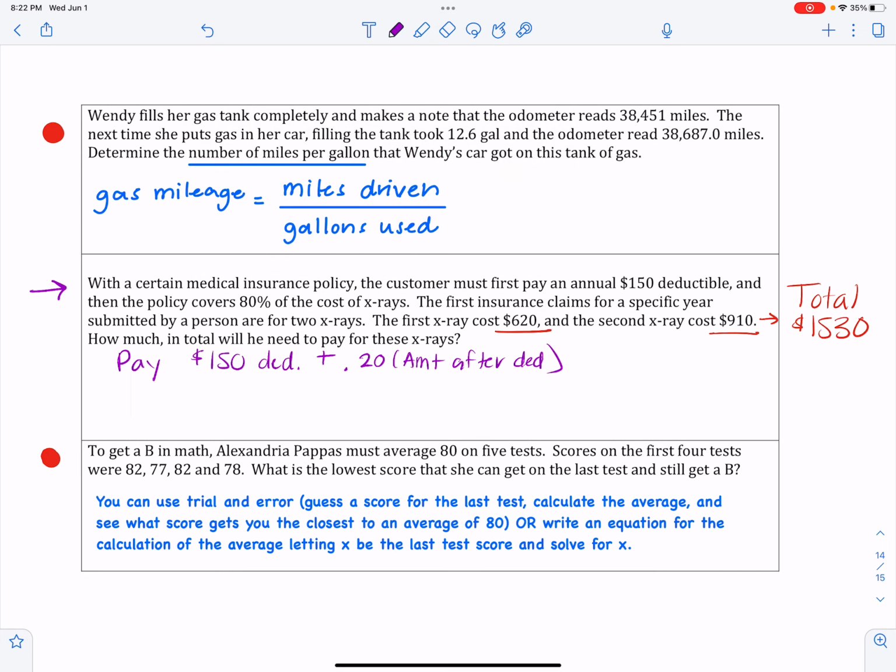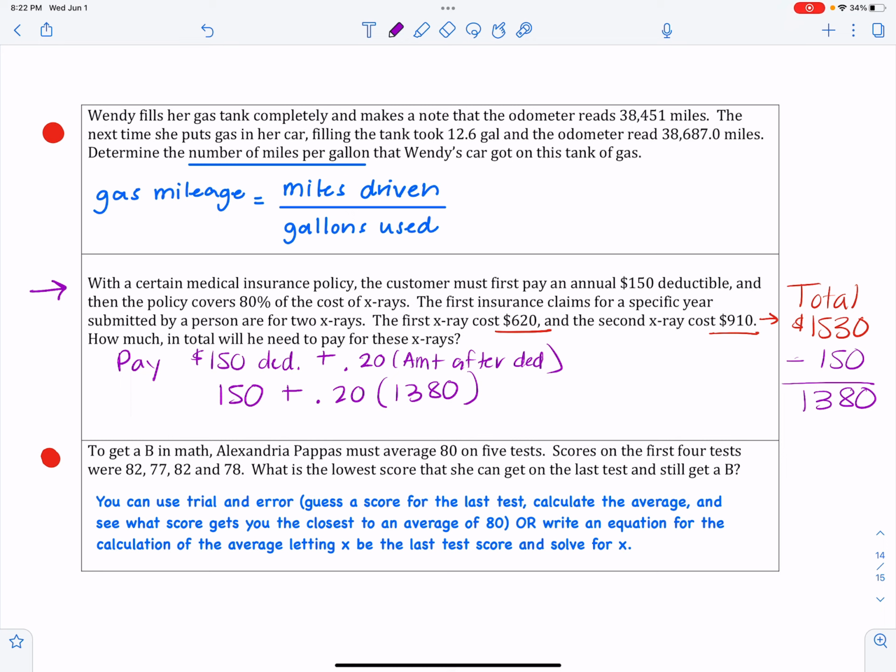All right. Now, this person is going to have to pay, so I'm going to come back over here now, their $150 deductible plus 20% of the amount after the deductible is paid. So the amount after the deductible is paid, if I subtract that 150, I'm looking at $1,380. That's the amount that they're going to have to pay 20% of.